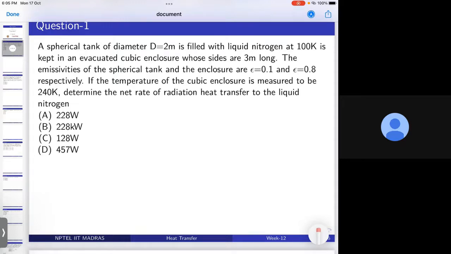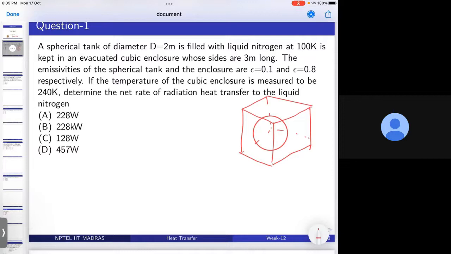Okay, so we have a spherical tank which is filled with liquid nitrogen, and also we have a cubic enclosure into which this spherical tank is fixed.